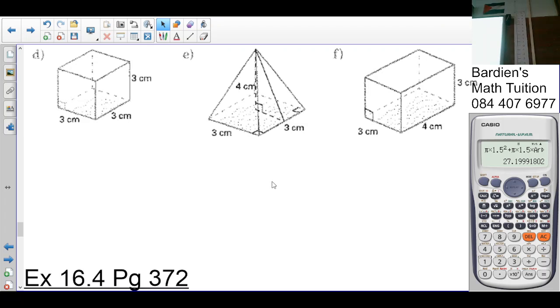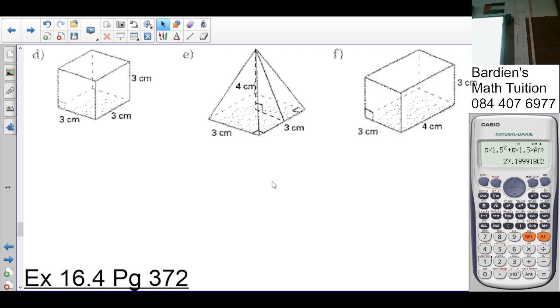All right. So, what type of shape is D? Cube. Nice.